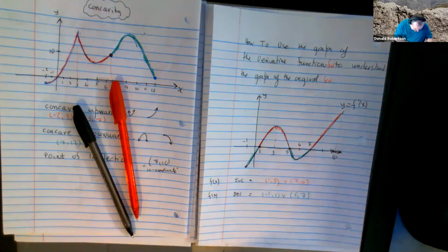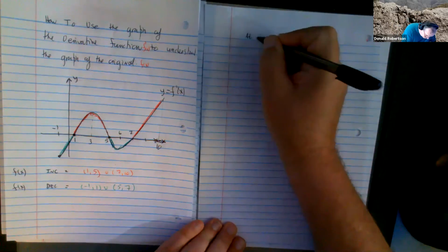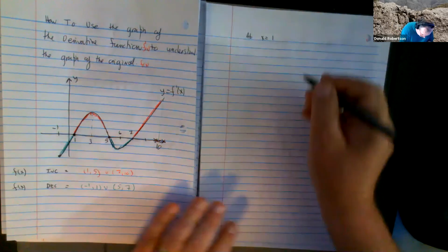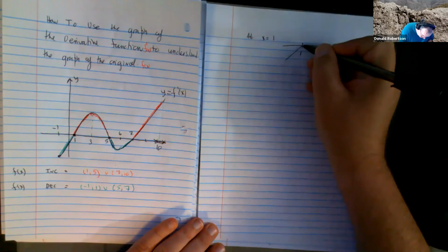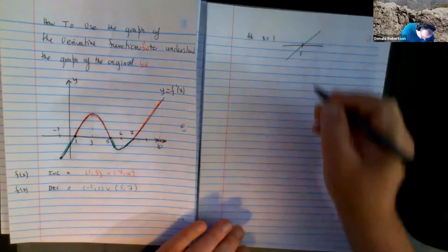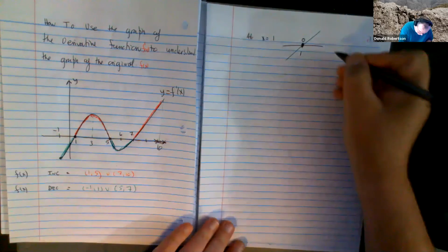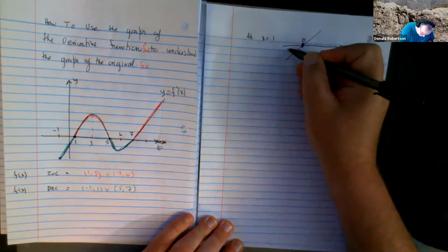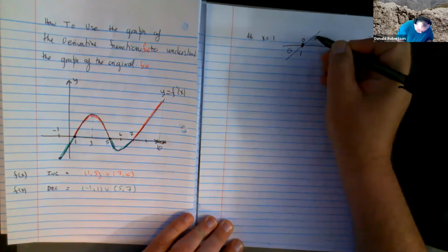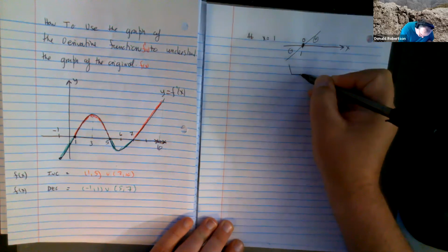Get a little extra benefit here. Let's look at what's happening at x equals 1. If you just focus on x equals 1, the derivative comes down here, right? And then it goes up here, right? Now, at that point there, isn't the derivative 0, because this is the x-axis? And down here, isn't it negative? And this guy's up here, it's positive. So it's decreasing, 0, and increasing.